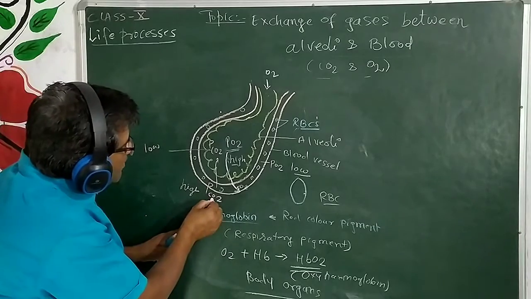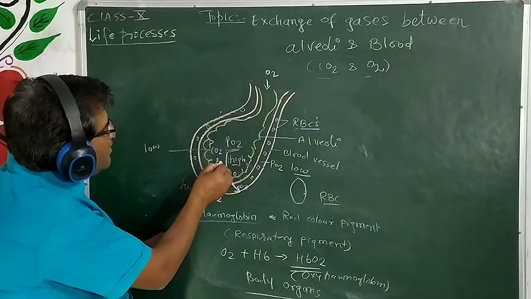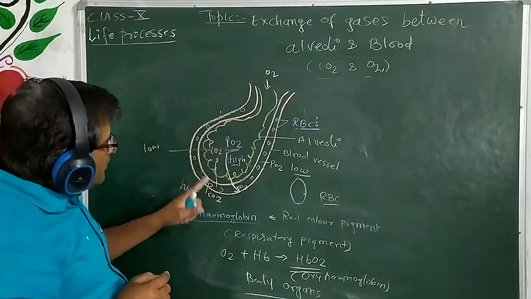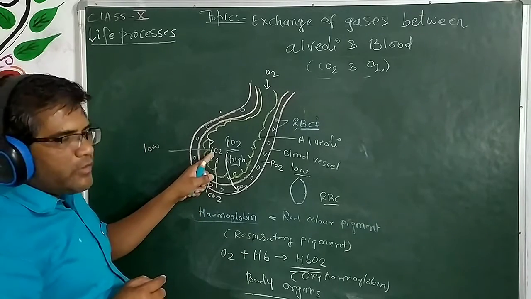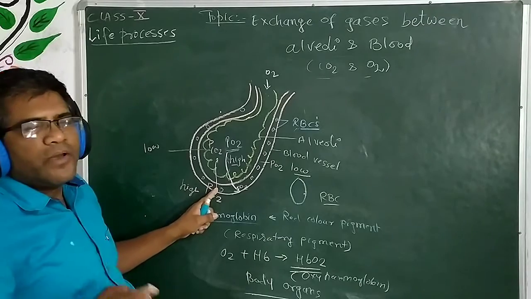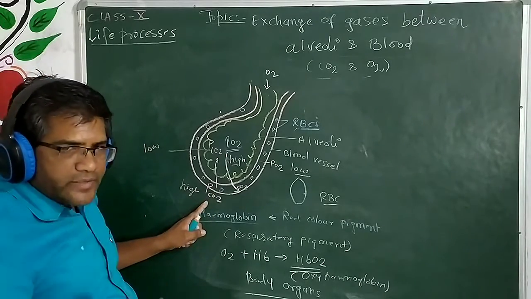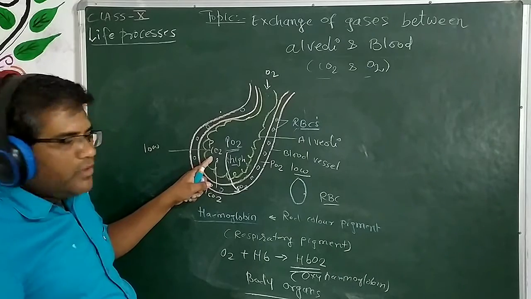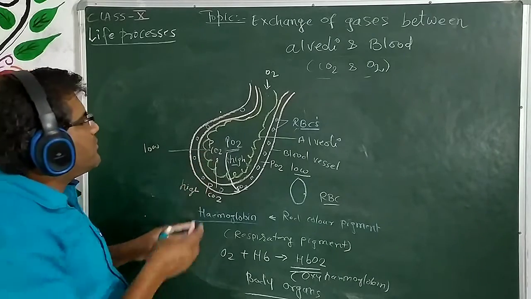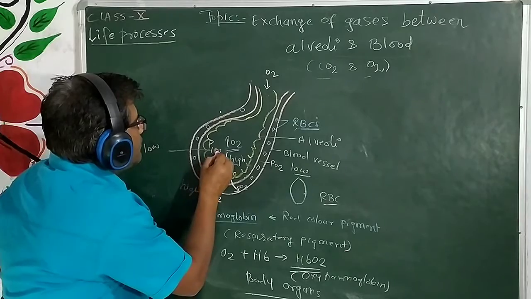So this CO2 of the blood vessel enters the alveoli. This is called the exchange of carbon dioxide between the blood vessel and the alveoli. Why? Because the partial pressure of carbon dioxide in the blood vessel is high, so it enters the alveoli where the partial pressure of carbon dioxide is low.